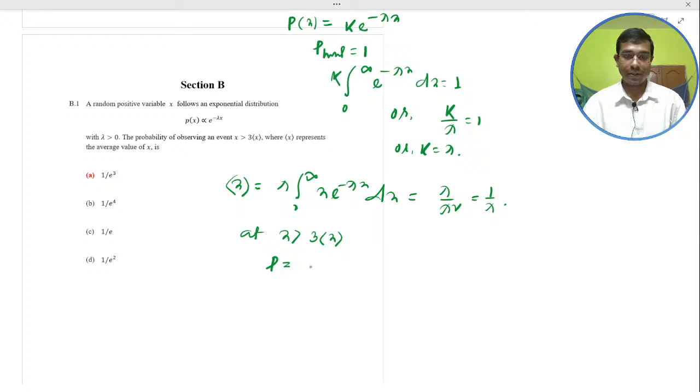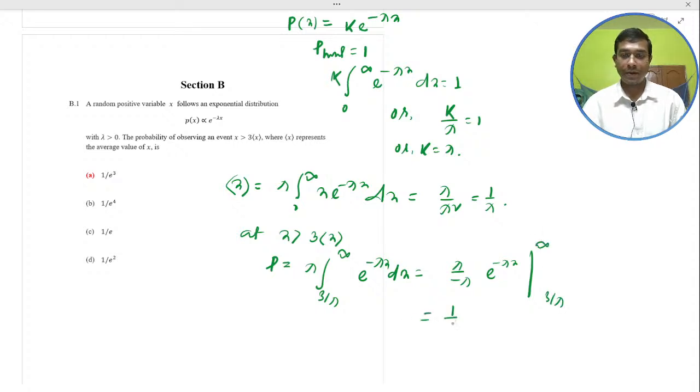The probability p is lambda times the integration from 3 by lambda to infinity of e to the power minus lambda x dx. Just mathematical calculation. Lambda times minus 1 by lambda e to the power minus lambda x from 3 by lambda to infinity. Put the upper limit and lower limit, you would get 1 by e cube. 1 by e cube would be the correct answer.